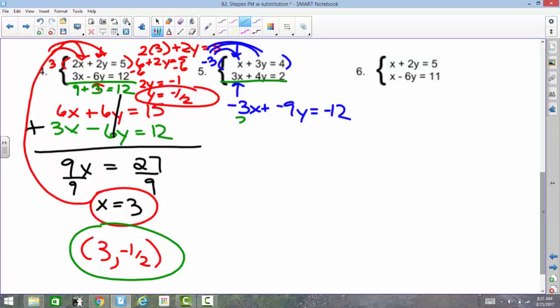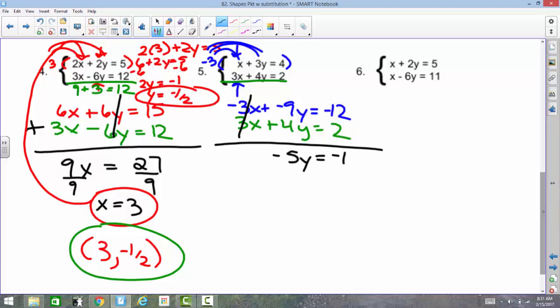Rewriting the bottom as is. Adding to eliminate. So you have negative 5y equals negative 10. Divide by negative 5, and you get y equals 2.